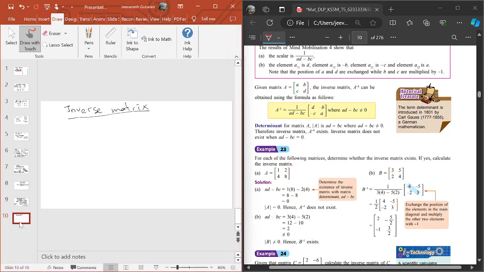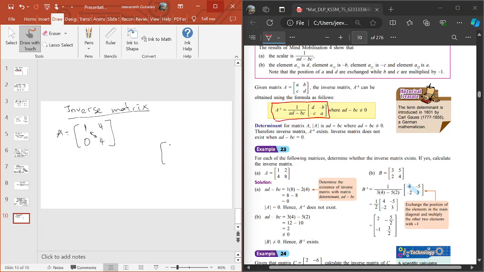Now how will you find the inverse matrix? Well, you will use this formula. Let's say I took A as 1044. What I'm going to do is change this with this.